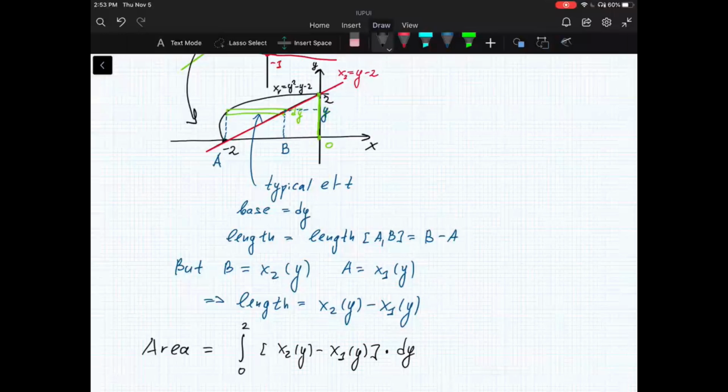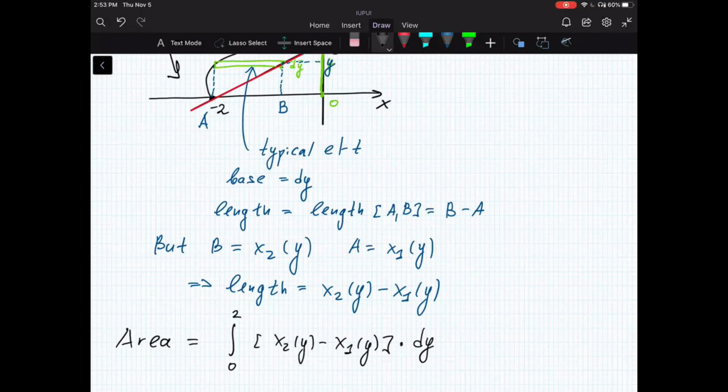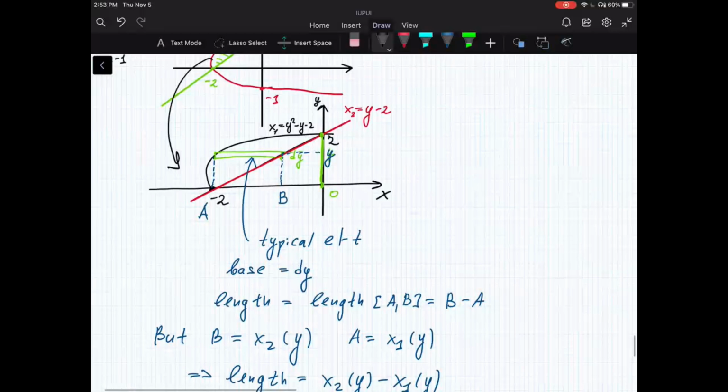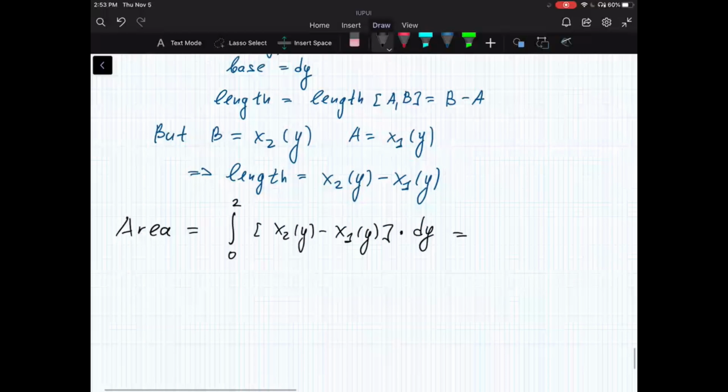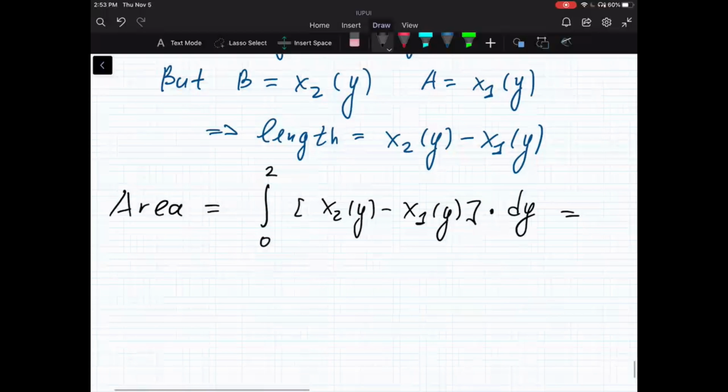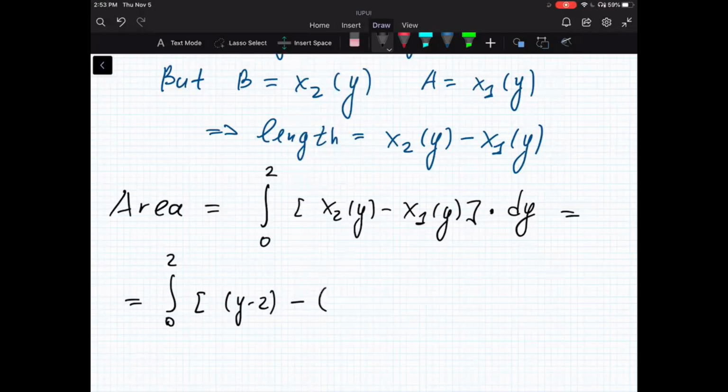And so I obtain this formula. And now I can substitute that my x2 is y minus 2 and x1 is y squared minus y minus 2. So it gives me the following integral from 0 to 2 of y minus 2, which is my x2 of y, minus y squared minus y minus 2, which is my x1, times dy.